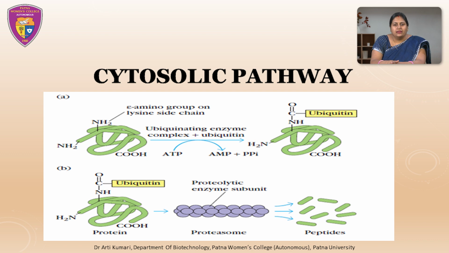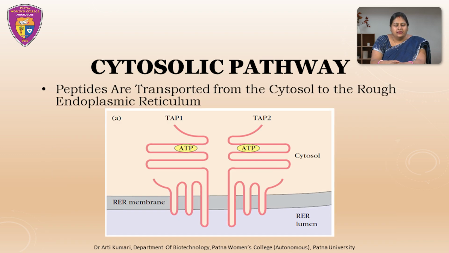These proteins are directed to ubiquitin protein complexes, and the degradation occurs within the central channel of proteasomes, generating a variety of peptides. These peptides are further transported to the rough endoplasmic reticulum via TAP transporter proteins. TAP designates transporter associated with antigen processing.